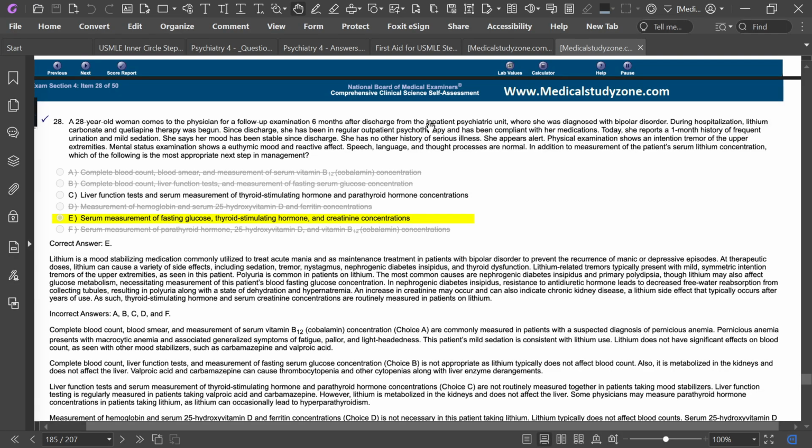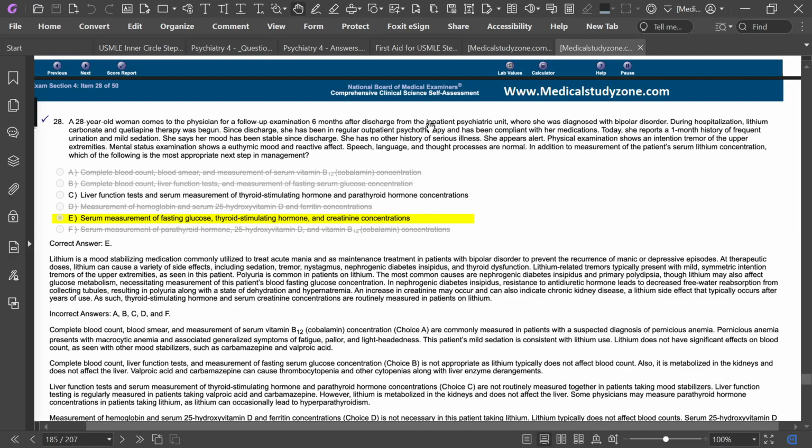As seen in this patient, polyuria is common in patients on lithium. The most common cause is nephrogenic diabetes insipidus.